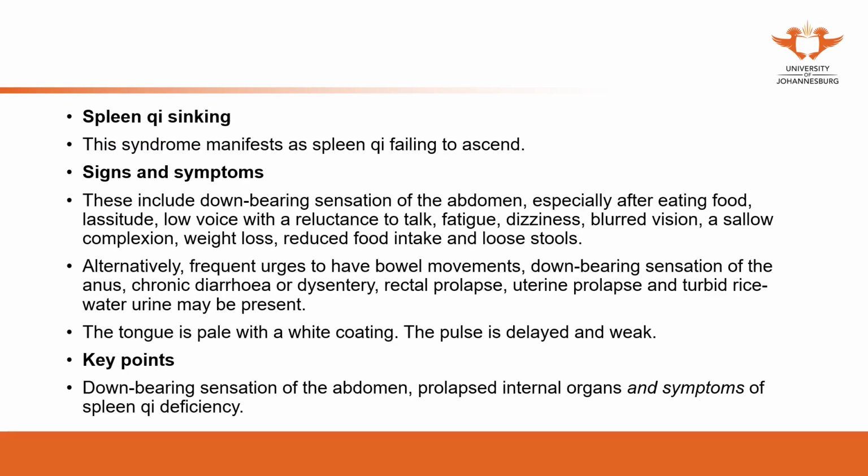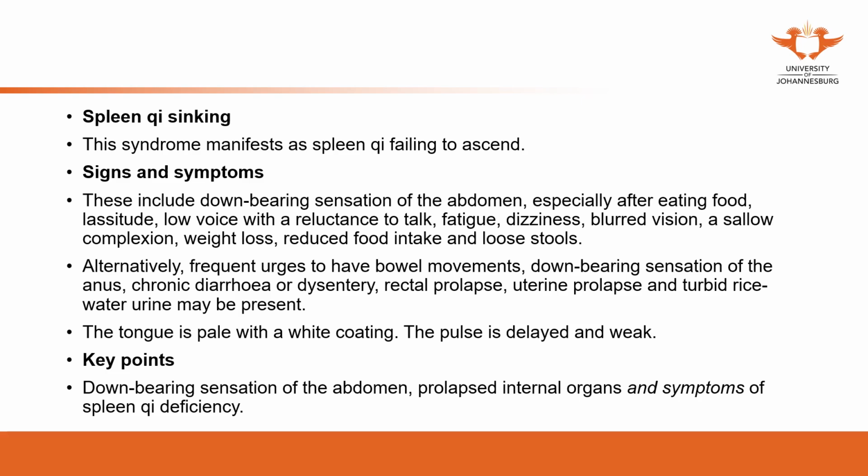Spleen qi sinking. Spleen qi sinking is a worse condition developed from spleen qi deficiency. And when we talk about sinking, similar to the movement of the qi, when we introduced the basic theory, we introduced the four types of movement of qi.